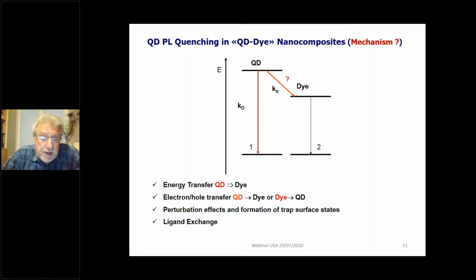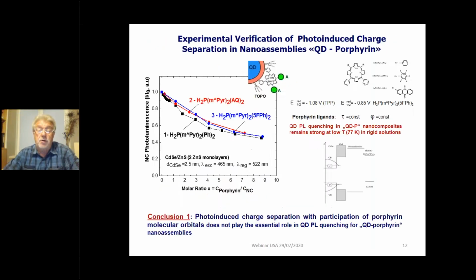It's possible to take into account a few possible mechanisms: energy transfer from quantum dot to dye, charge transfer, electron or hole transfer in these systems, and some perturbation effects and formation of trap states upon attachment of porphyrin molecules on the surface of the quantum dot. So we tested all these possibilities.